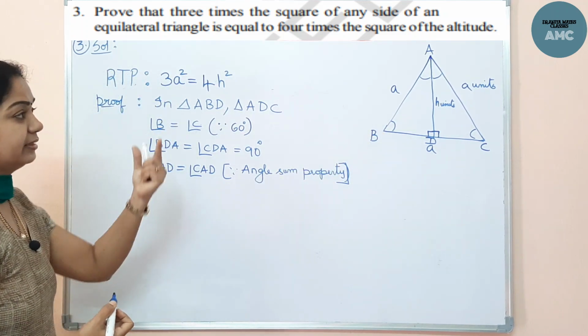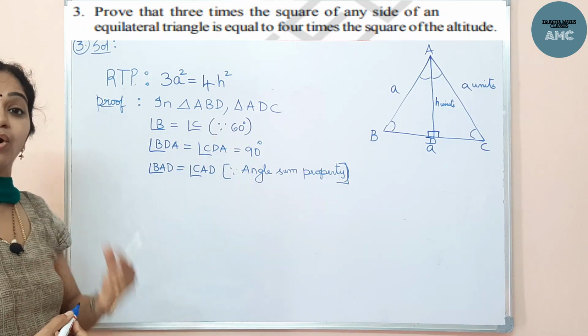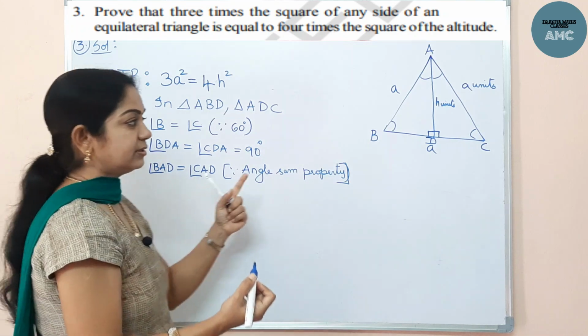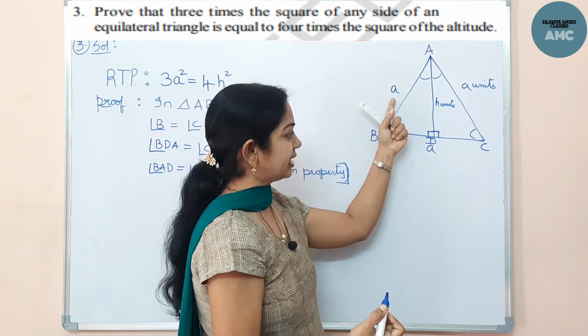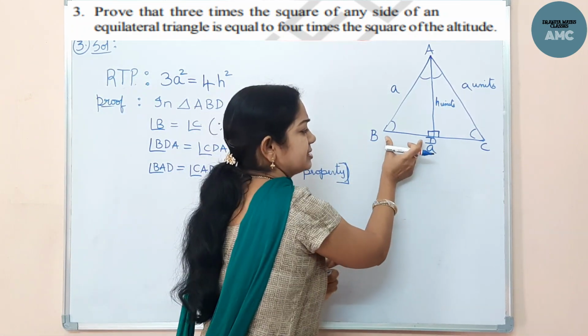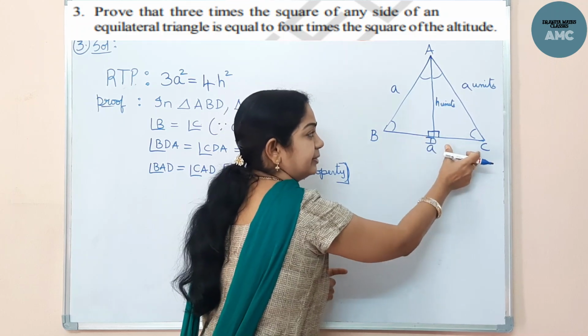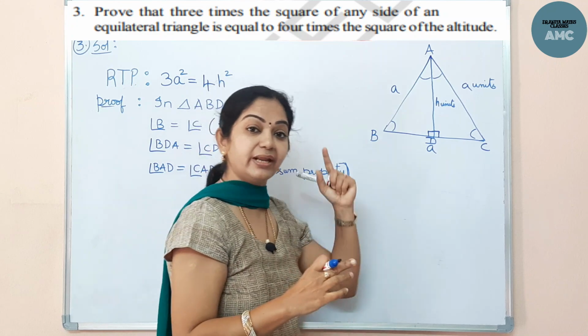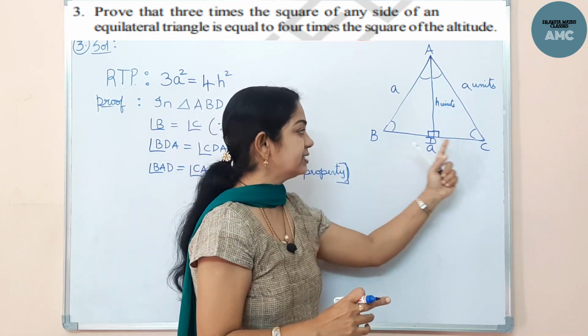Now I can say that these two triangles are congruent to each other, and we can also tell that this side is equal to this side because the altitude as well as the median is one and the same for an equilateral triangle. So BD is equal to DC.